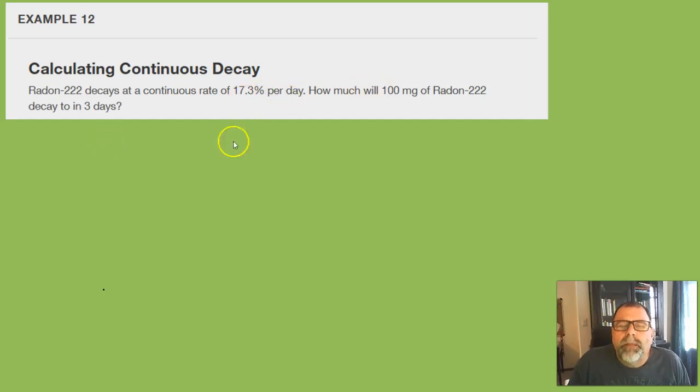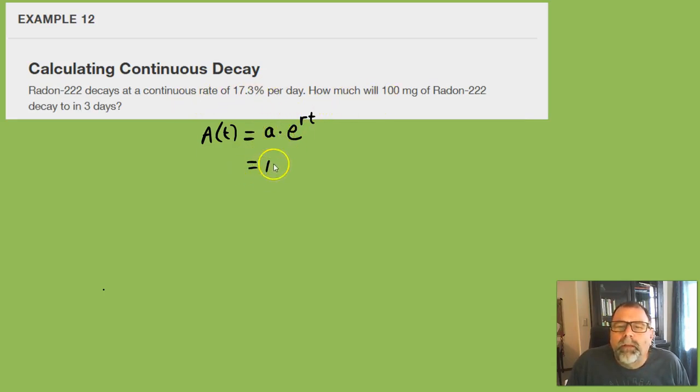So this is the rate per day, so the time is in days. So we have A of t equals, now we're going to change the P to A. You can leave it at P, it doesn't matter. E to the RT. So we're going to plug in the initial amount, which is 100.